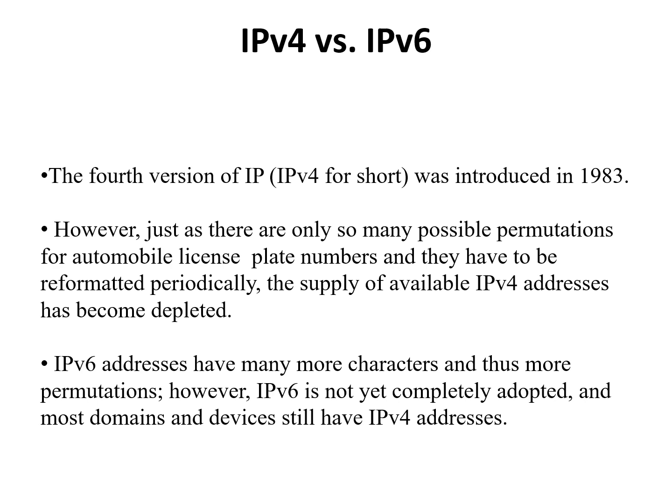IPv6 makes use of a 128-bit IP address. An IPv6 address is represented as 8 groups of 4 hexadecimal digits, each group represented as 16 bits. The groups are separated by colons.